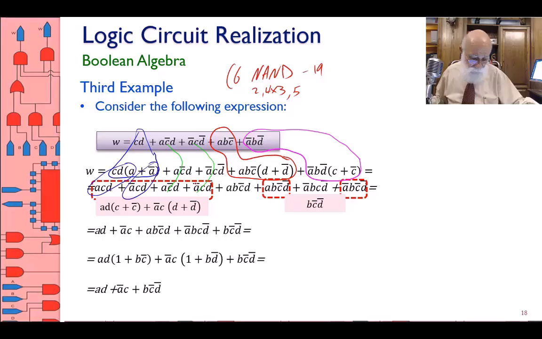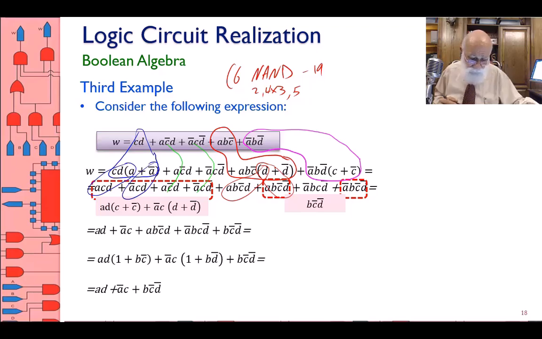All right, so what I'm going to do next is I'm going to take A, B, C bar, ANDed with D, and then this becomes this, and then A, B, C bar, D bar, this becomes this.